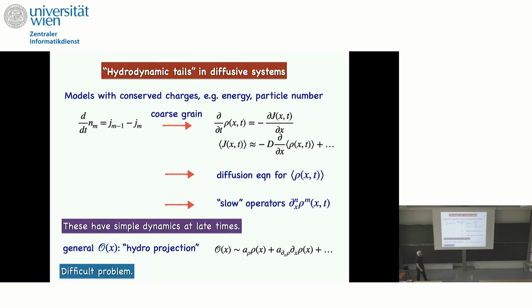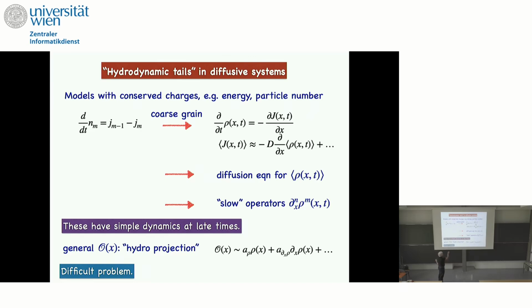Okay, so now if you coarse grain, so you basically take these equations of motion and Fourier transform them and then focus on small momentum modes, you can turn this into an equation for a coarse-grained particle density and a coarse-grained current, which looks like this.